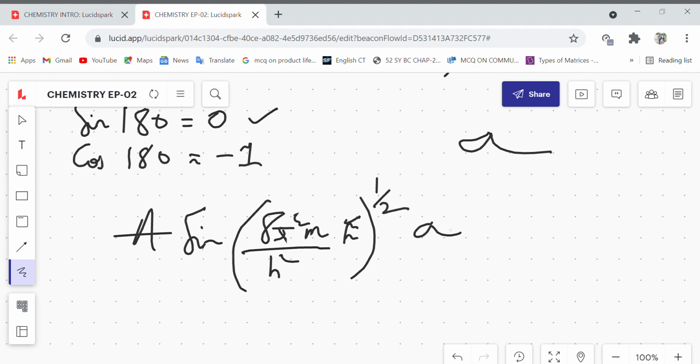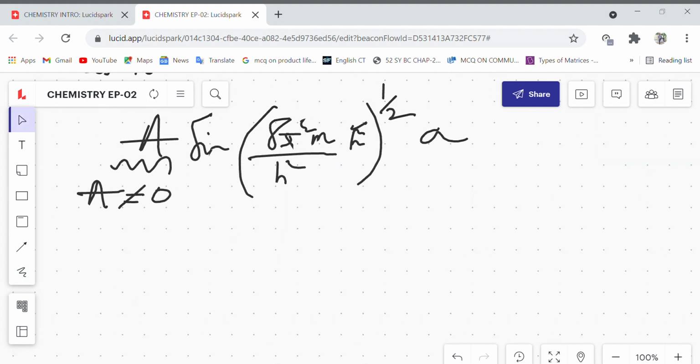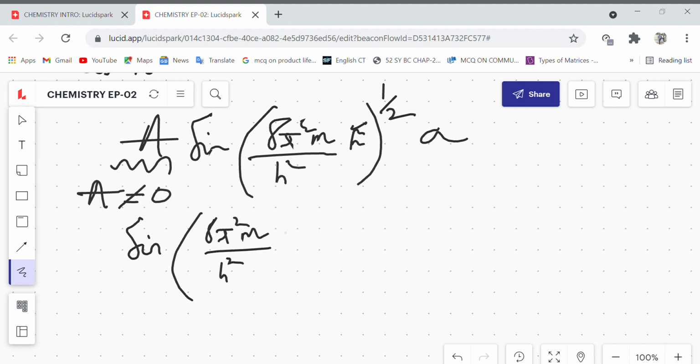Then as A is not equal to 0, we have to write only sine 8 pi square m by h square E whole to the power half into a equal to 0.